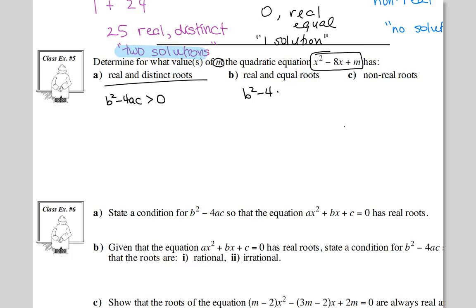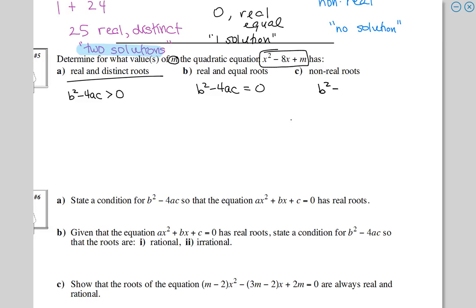Then b squared minus 4ac would have to equal 0. Good, Emily. And the last one, b squared minus 4ac would have to be less than 0. And Chi Ming, I'm sorry you got this one wrong on the test, because he forgot to do this. I looked at his work, he was trying to solve the whole quad formula equal to 0 instead of just the discriminant. Okay?